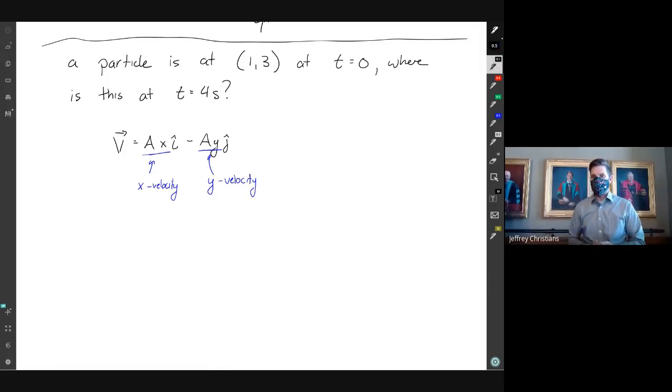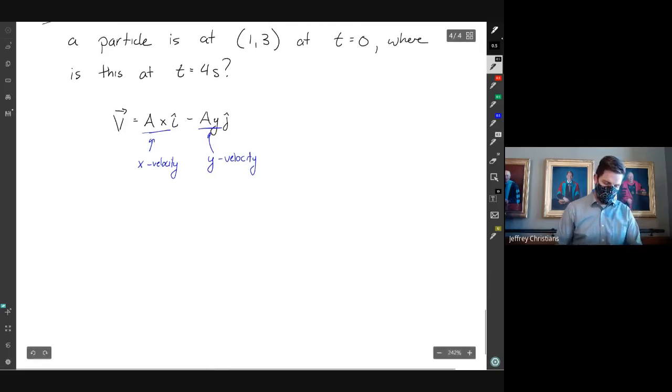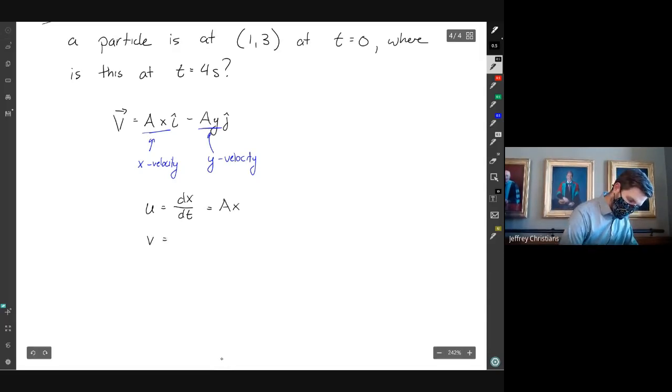Another way of saying the x velocity is dx dt, the change in x over time. So u equals dx dt, which in this case equals ax, and v equals dy dt, just from the definition of velocity, equals negative ay.